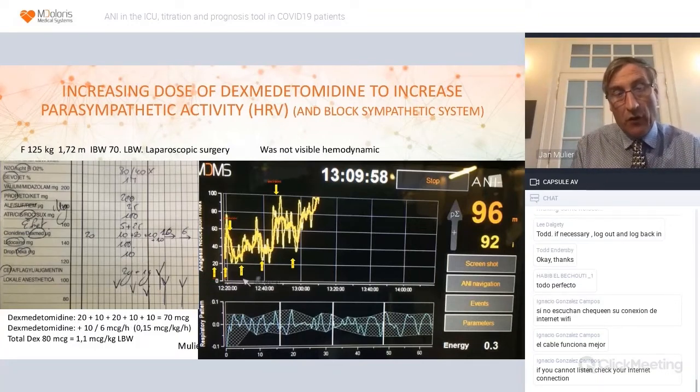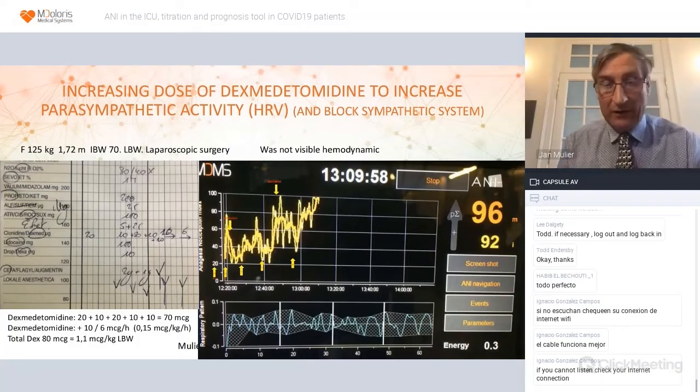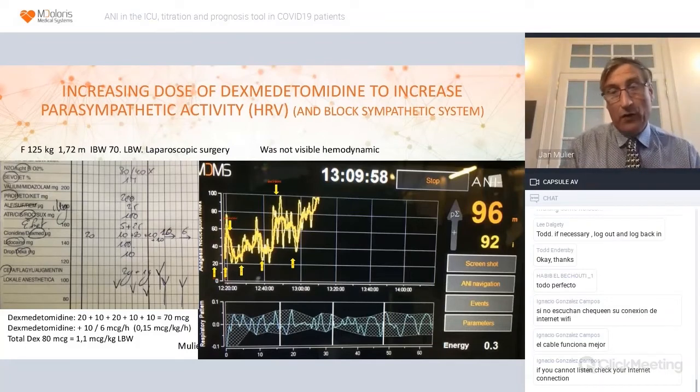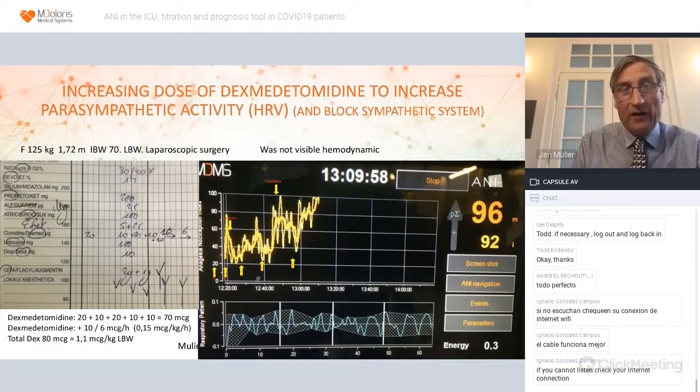One dose here, another dose, and gradually we see the parasympathetic system getting activated and the sympathetic system getting more and more blocked. And so once we are above the 60, 70 level, we know that we have blocked the sympathetic system sufficiently. So drugs can help in blocking the sympathetic reactions.